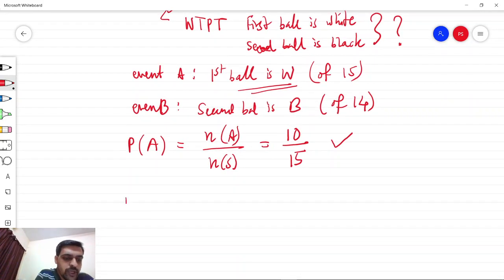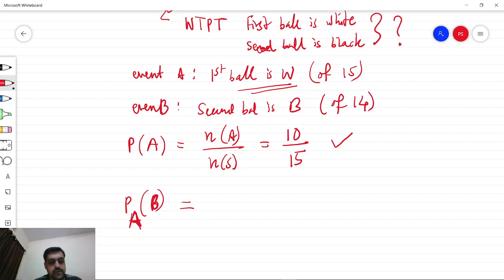Now P of B with subscript A. Why are we writing so? Because in this case event B takes place after event A has already happened, so they are no longer independent.